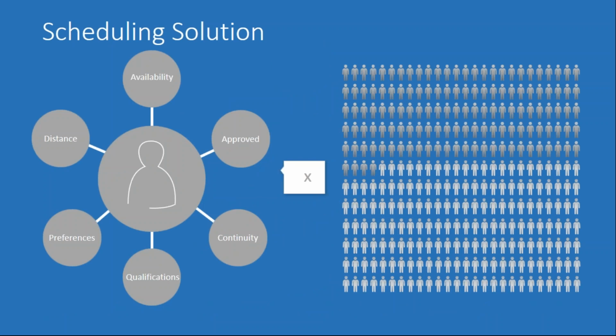Now, the challenge gets exponentially large when you're looking at multiple availability models, lots of distance and travel time calculations, lots of variables in terms of qualifications, also trying to make sure there's some continuity in there. The actual myriad of combinations becomes huge, and a huge challenge to try and deal with in any paper-based system or Excel-based product.